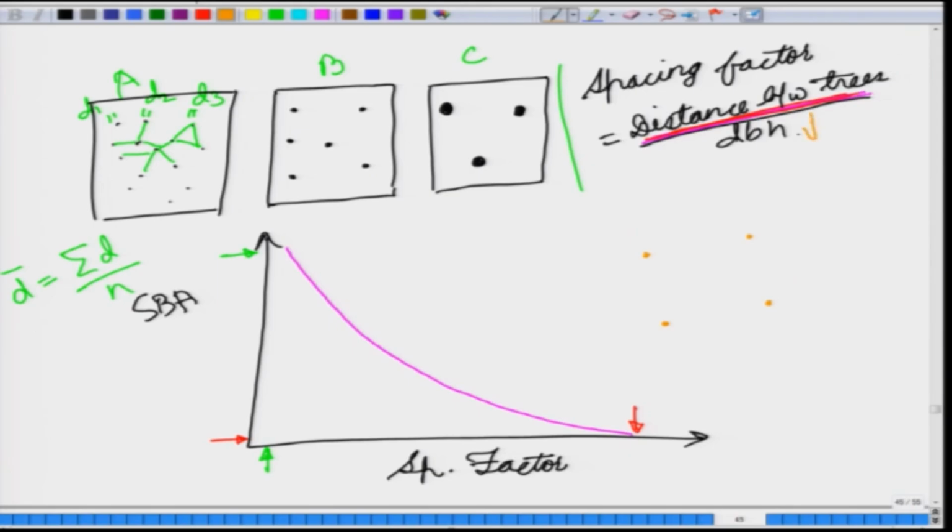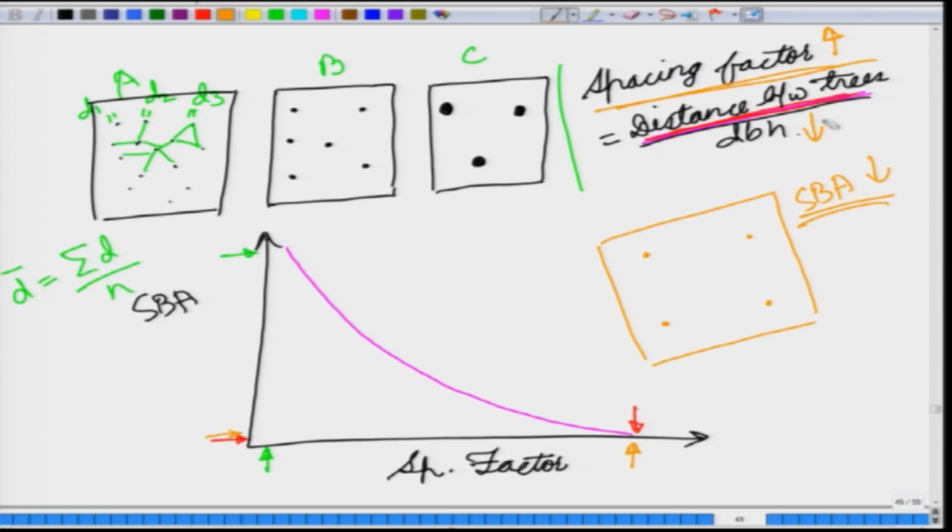So, DBH is less, so the spacing factor is more. If you have a DBH which is very small, the amount of crowding in your plot is less, which means that the stand basal area is less. So, essentially if your spacing factor increases, the stand basal area is less, which is what we are seeing here. The spacing factor is more and the stand basal area here is less.